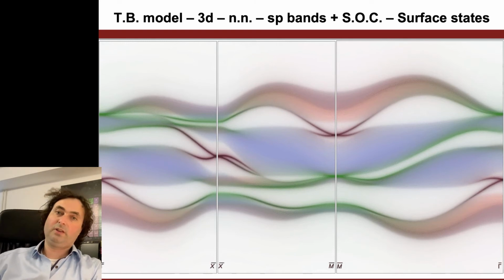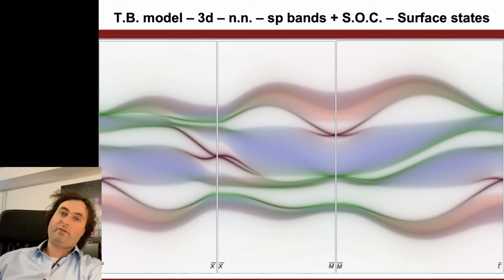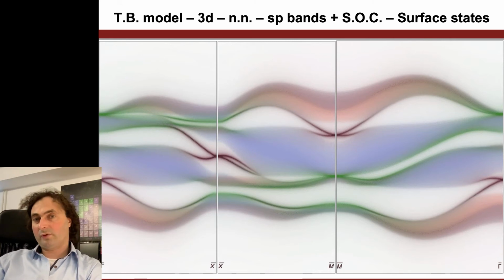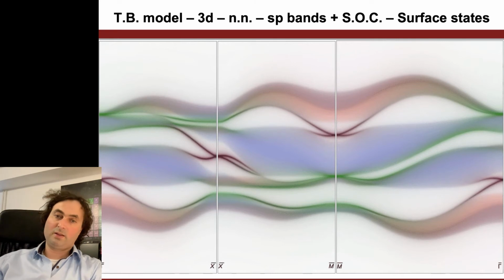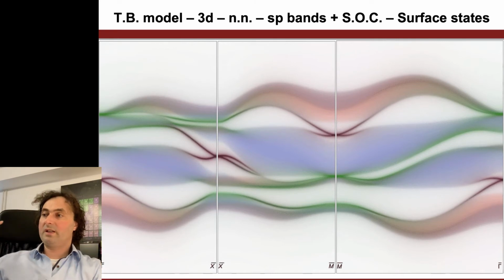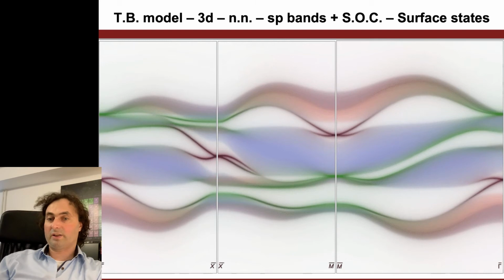We have spin-orbit coupling in our system, but we also have inversion in the bulk. So space inversion tells you that the state at k with spin up must be degenerate with the state at minus k with spin up. We have time inversion in our crystal.